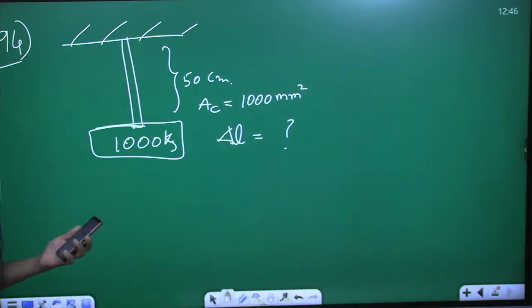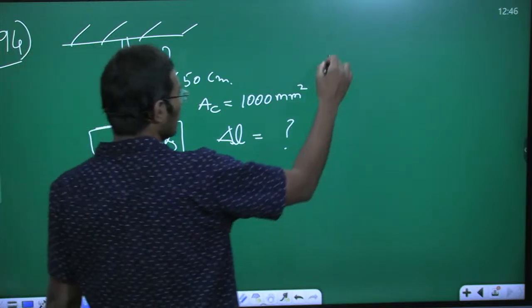So how do you solve this? This is a direct question. What are all the relations involved with these equations? Please try to recall them. See, what all do we know?